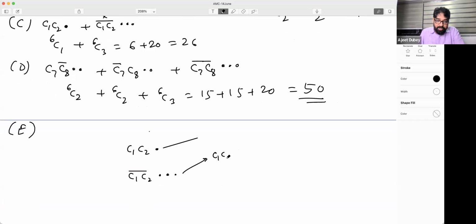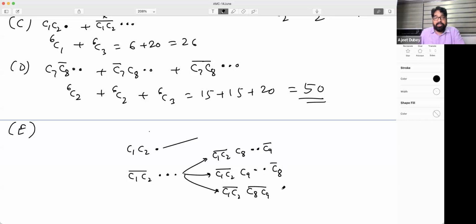C1, C2 is not there, but C8 is there and one more child. Here C1, C2 is not there, C9 is there and 2 more children. Third case: C1, C2 is not there, but C8 and C9 are also not there. So 3 new children.